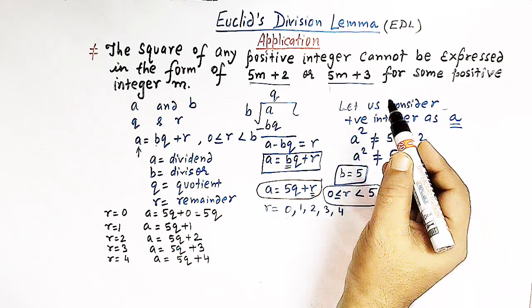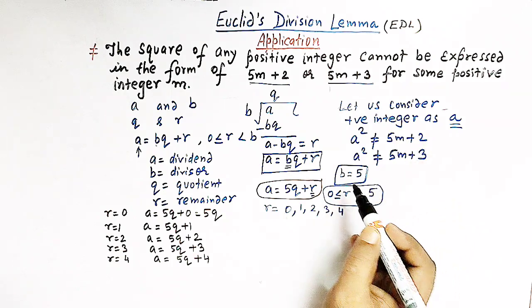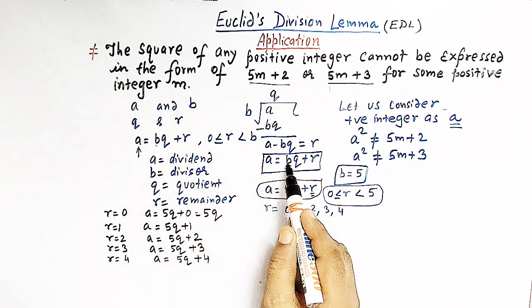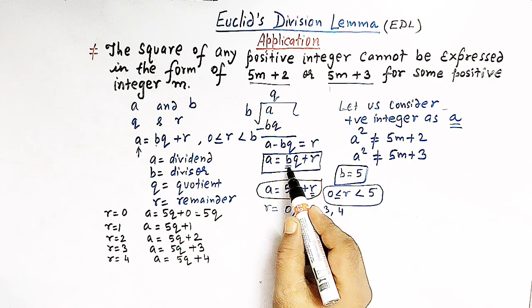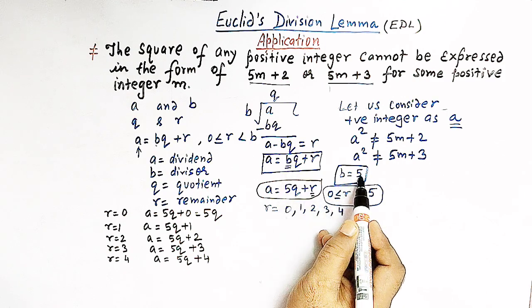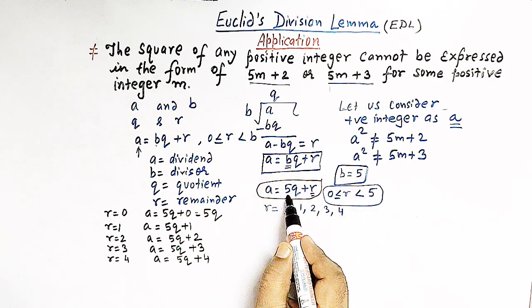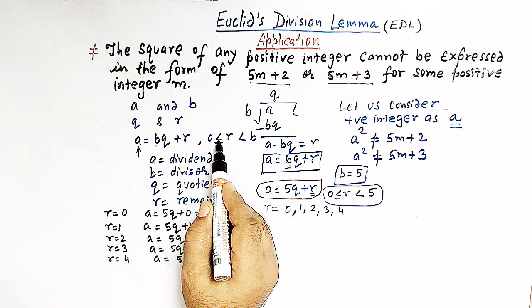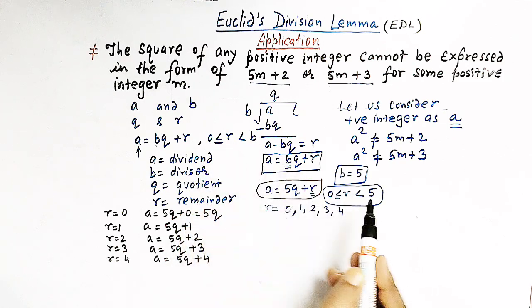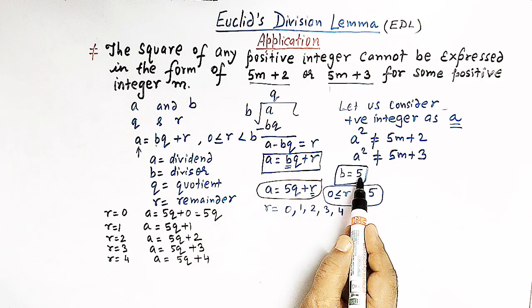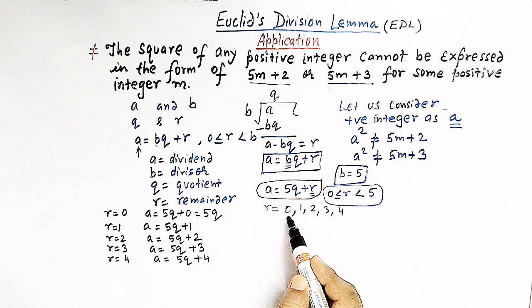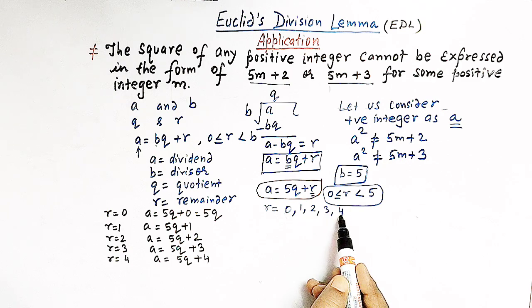right? To prove this statement, we have taken the help of Euclid's division lemma, and here we are taking b is equal to 5. So a becomes 5q plus r. The condition on r is greater than or equal to 0, less than b. So taking b is equal to 5, r can take the values 0, 1, 2, 3, 4.